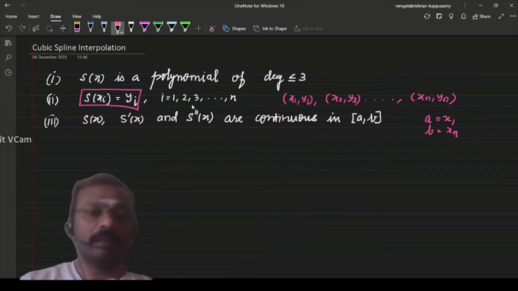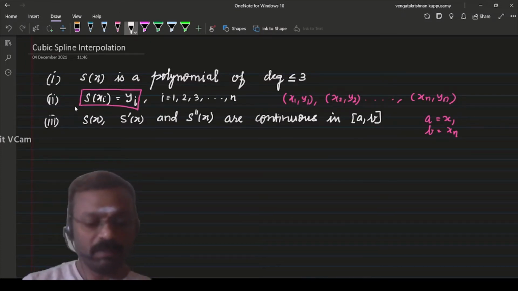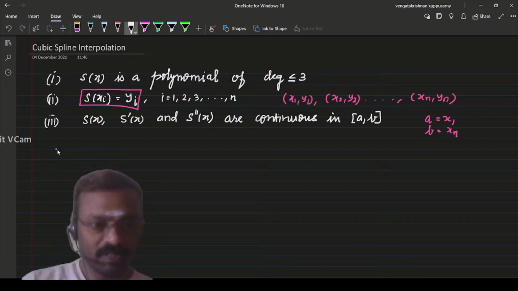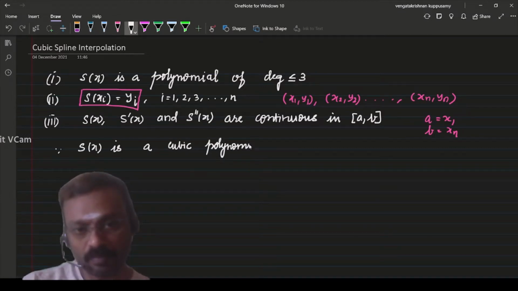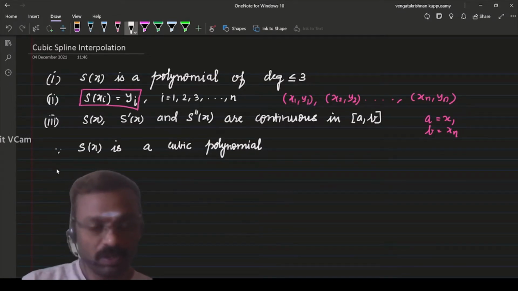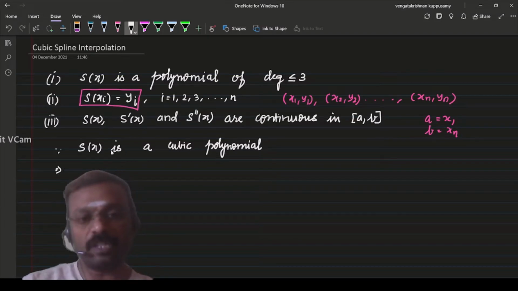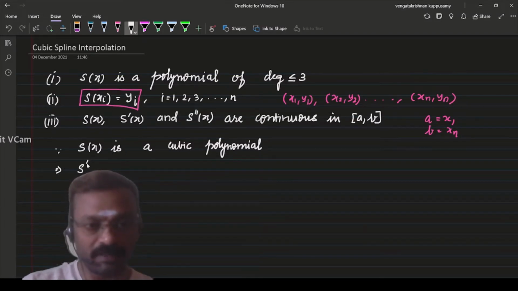So the simple basic thing we use here to construct such a polynomial is, since S of x is a cubic polynomial, this implies when you differentiate a cubic polynomial twice, it becomes a linear polynomial.